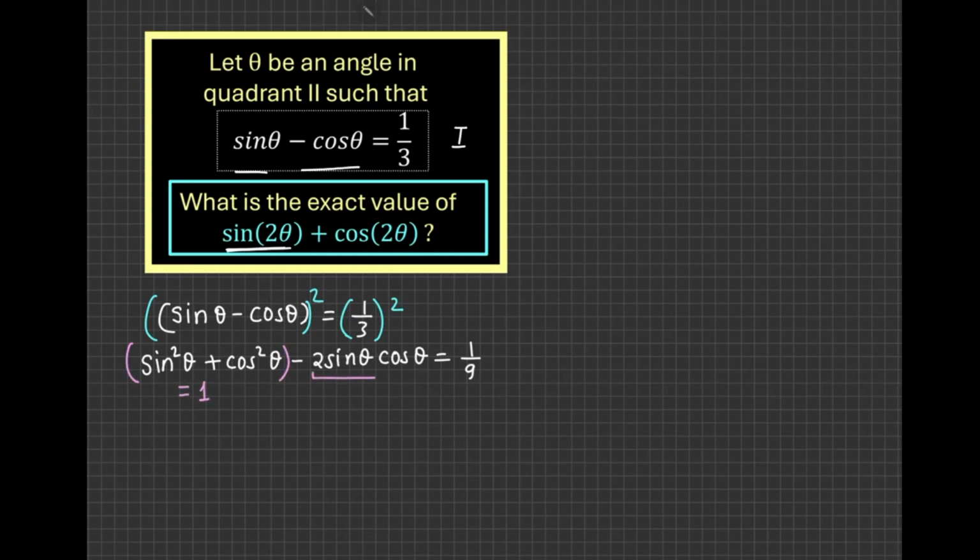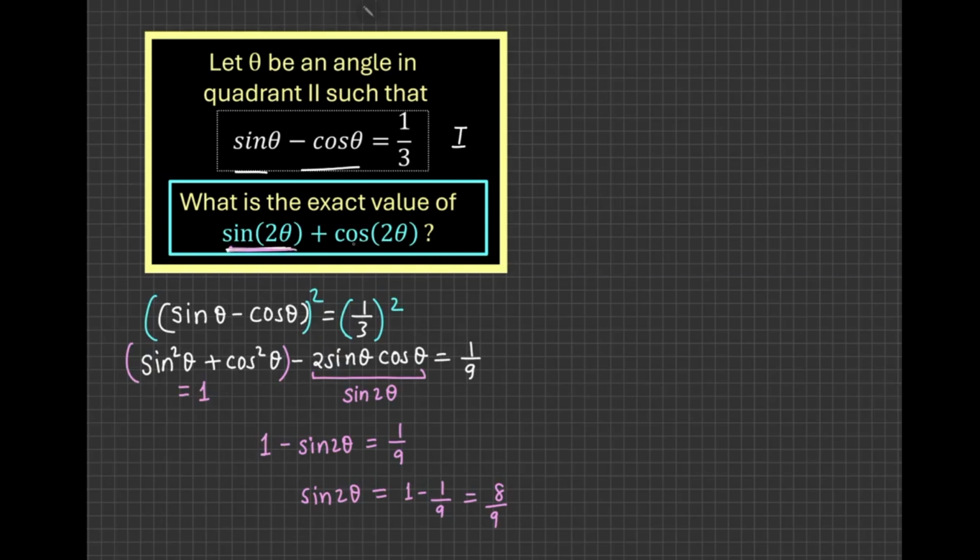And 2 sine theta cosine theta is equal to sine 2 theta. So what do we get? We get 1 minus sine 2 theta equals 1/9. Now just a little bit of rearrangement gives us sine 2 theta equals 1 minus 1/9, which is 8/9. So now we have already gotten the value of sine 2 theta.